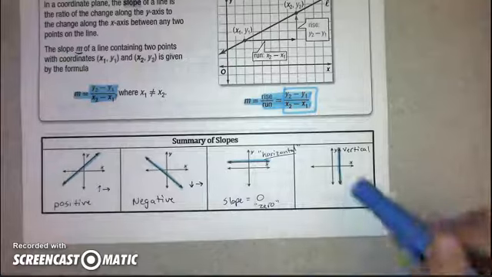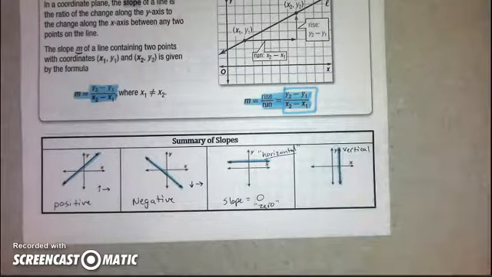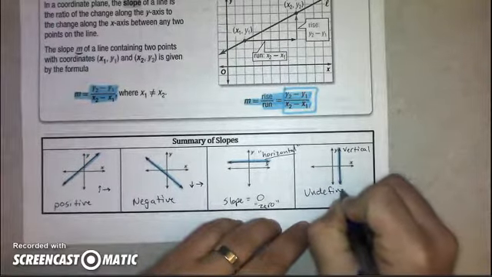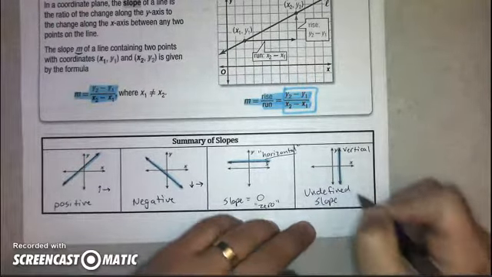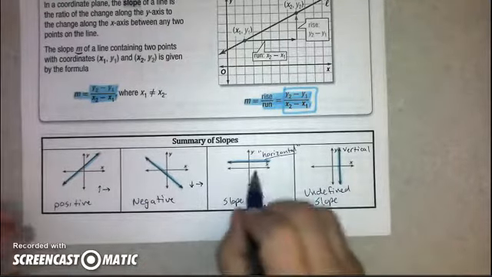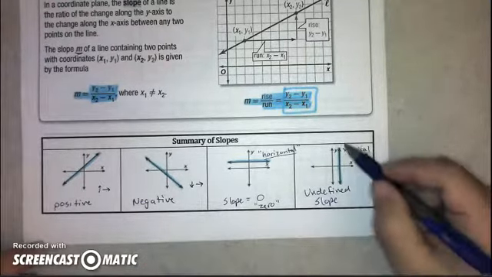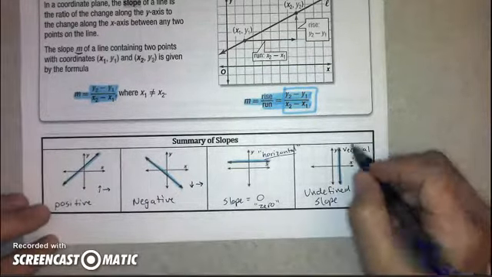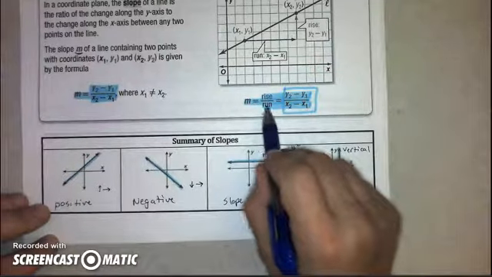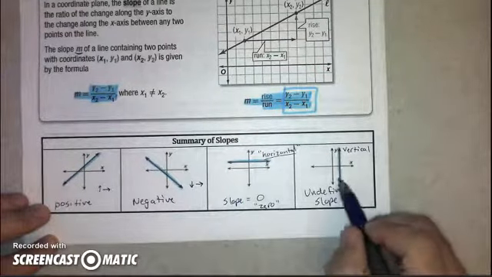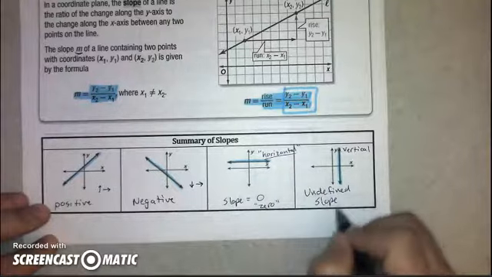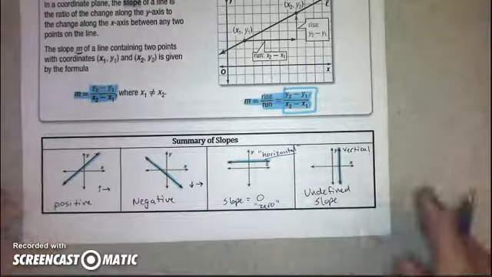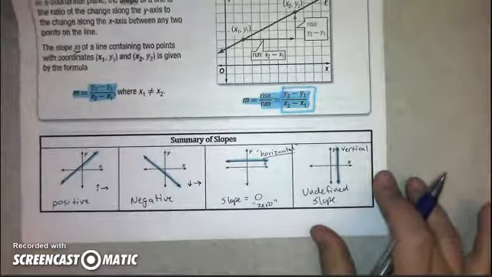There is no run here, it's all rise. So this is what we consider an undefined slope. We don't give a numeric value, and we don't say it's 0, because horizontal lines have a slope of 0. A vertical line has an undefined slope, which comes from when we try to do rise over run and divide by 0. There is no run here, there is a 0 value for the run. Dividing by 0 gives you an error when you put it in your calculator, because that is an undefined mathematical process. It is impossible to divide by 0.